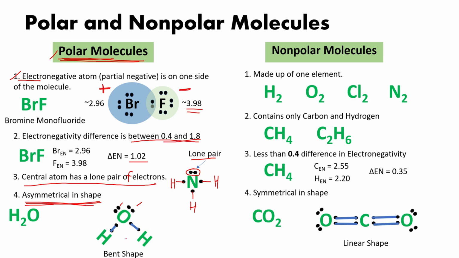If the shape is not cross, not linear, not like this, if there are no counterpart or opposite to each line, then that is what we call asymmetrical. And if it is asymmetrical, then that is a polar molecule.